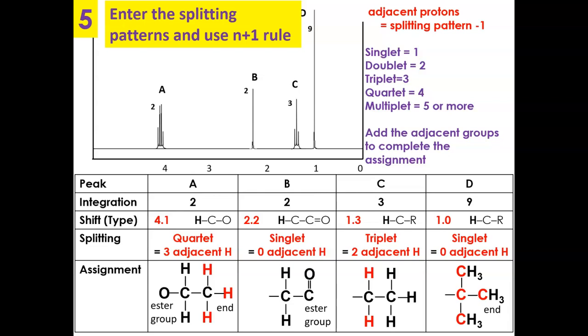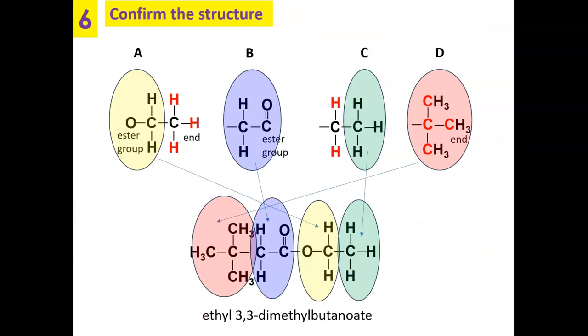Well, the final step, of course, is to put all of that together. And so here are our 4 suspected chunks, A, B, C, D. And as you can see, I've assembled them into the only possible correct sequence. We knew from our ester group, we have our OCH2 single bonded oxygen, and of course the terminal CH3 must have been bonding to that.